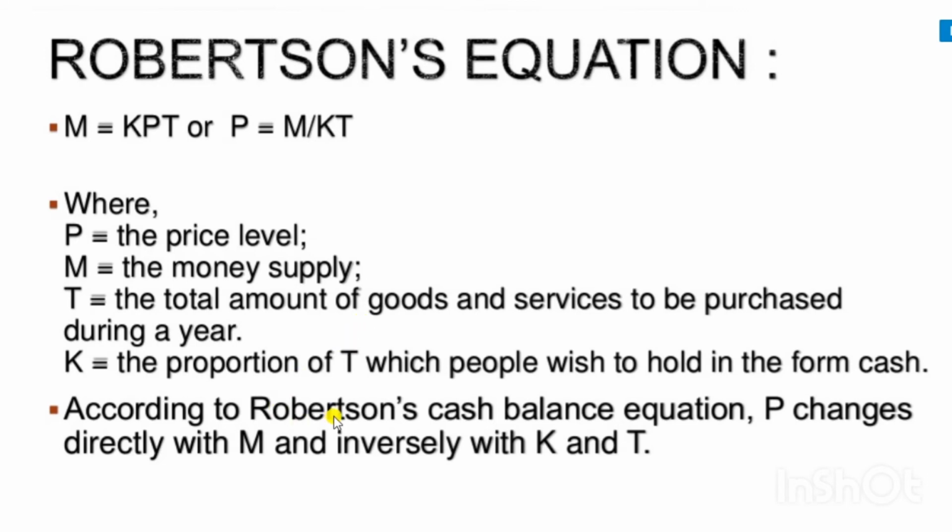According to Robertson, in the cash balance equation, price changes directly with money supply and there is an inverse relation between the proportion of total goods and services to be purchased and the total amount of goods and services purchased.